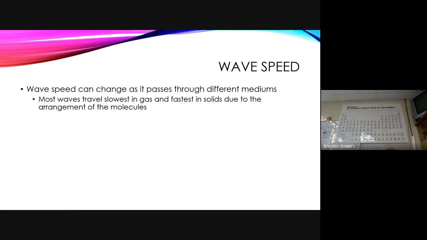So in a gas, I'm going to hit this particle, and eventually it's going to hit something else, and that's going to bounce off that. But in a solid, if you hit the first molecule, it's like a domino effect, and then eventually it's going to hit the end. Pretty crazy concept to think about.